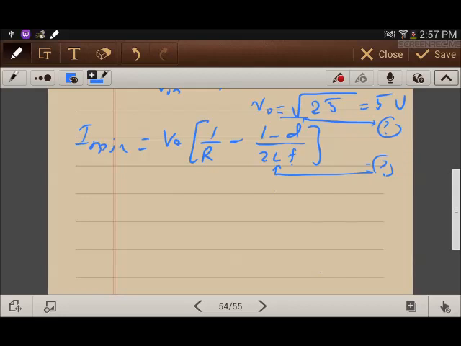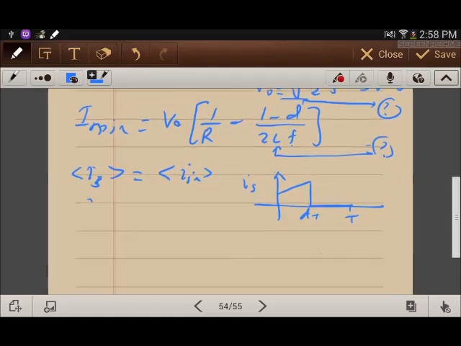So if I draw it, during on there will be a current flowing through the switch, and during off it's 0. The average value of the switch current is the same as the average value of the input current. So the average value of the input current will be equal to 2.5 amperes.